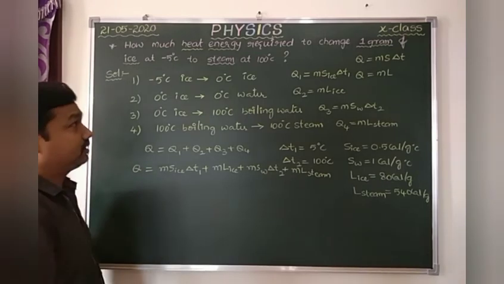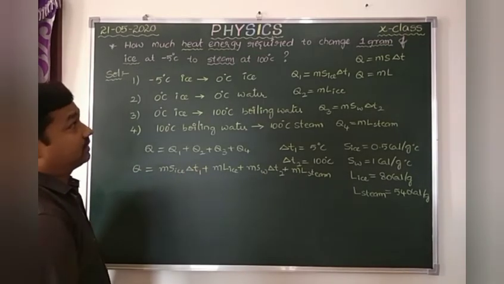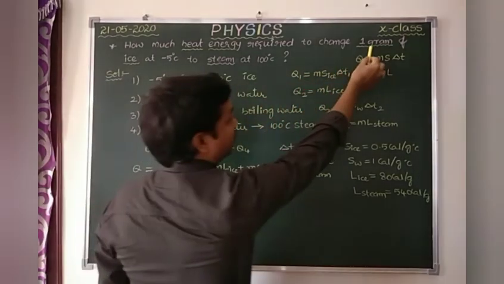What is the mass of ice? Mass of ice is given as 1 gram.